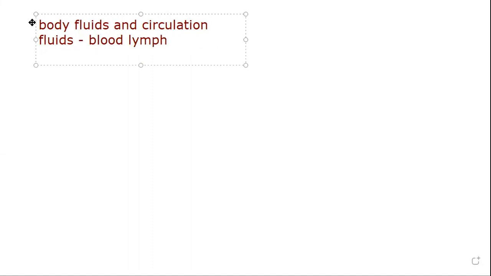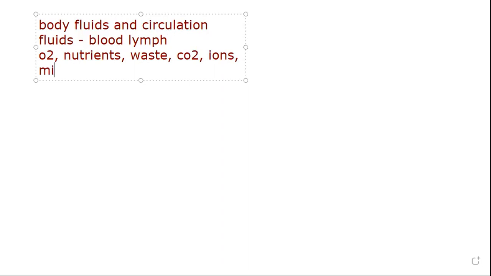Blood is a specialized fluid connective tissue that helps in transportation of oxygen, transportation of nutrients, removal of waste products, removal of carbon dioxide, transportation of ions, minerals, water, etc. Like this, it has different functions.